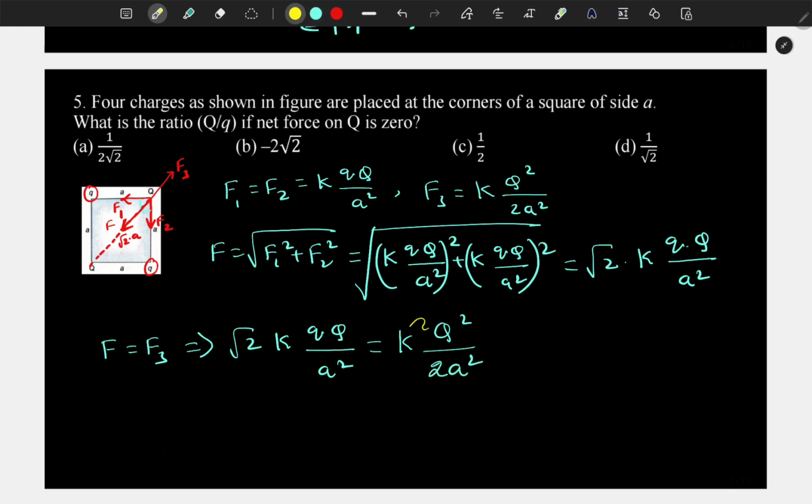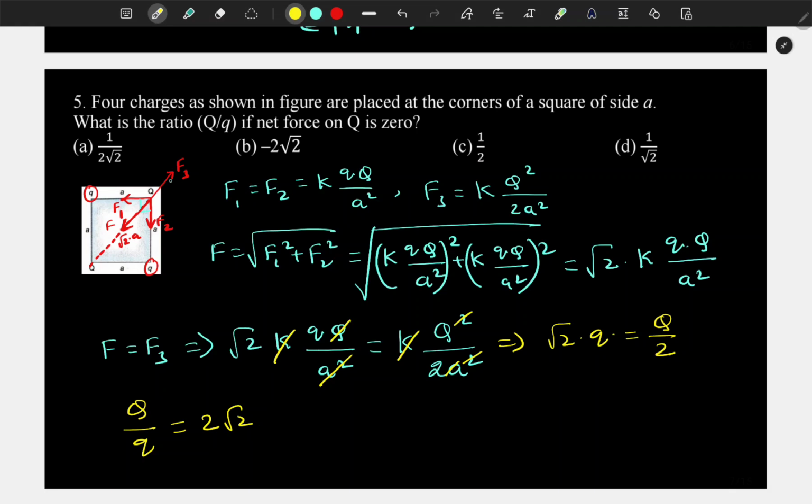So what gets cancelled here? K gets cancelled, capital Q gets cancelled, a square gets cancelled. So we'll be having, they are asking us to find out the capital Q by small q. So we'll get root 2 capital Q is equal to small q by 2. So capital Q divided by small q is 2 root 2.